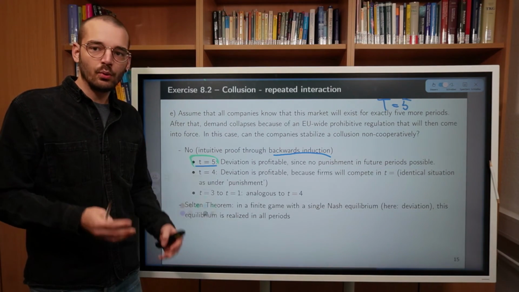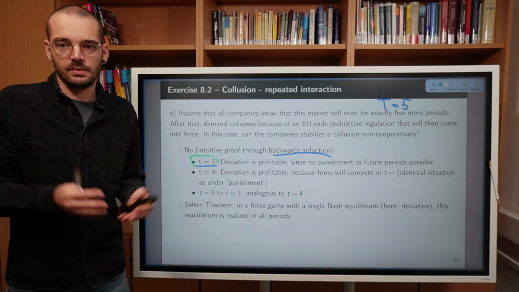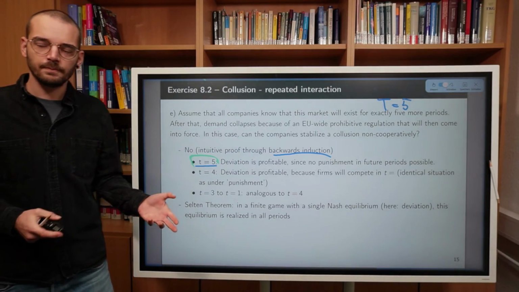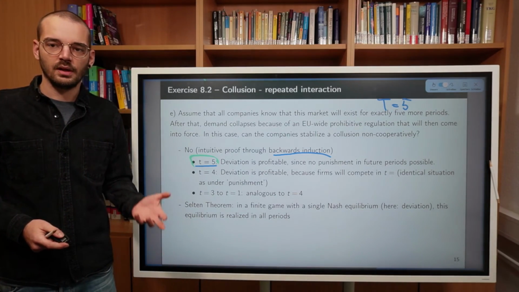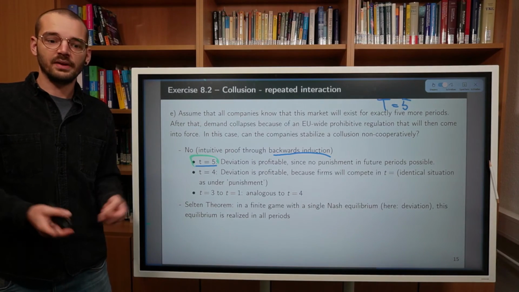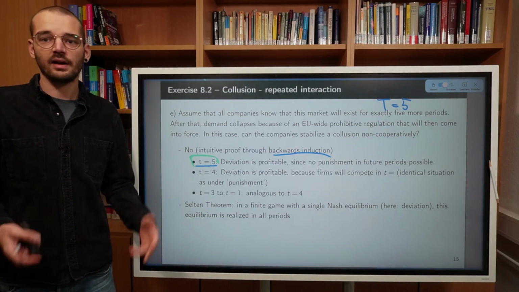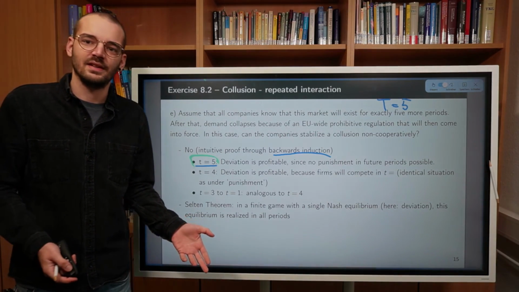All right, now we know in period 5, in this final period, deviation is profitable, collusion cannot be stabilized. Let's move one stage up in this sequential game and consider the previous period, period 4. Well, now, of course, we know that in period 5, deviation is profitable. What does this mean for period 4? Well, of course, in period 4 now, there is no punishment from deviating because we are behaving competitively anyway in the subsequent stage, right?